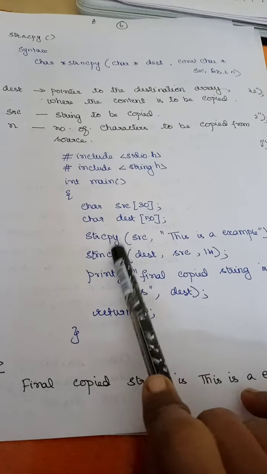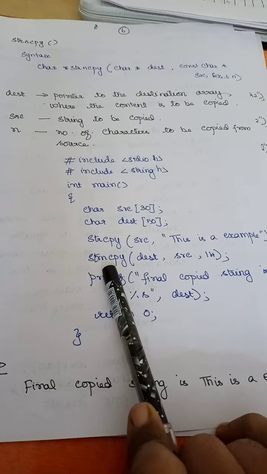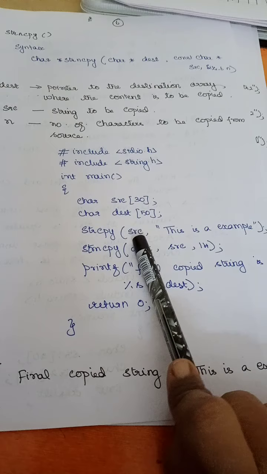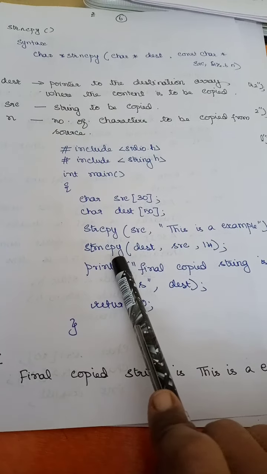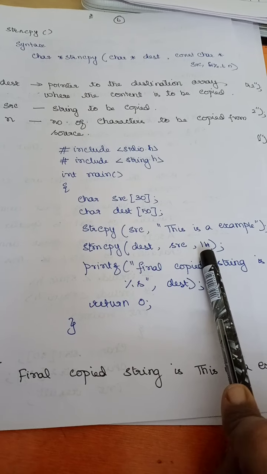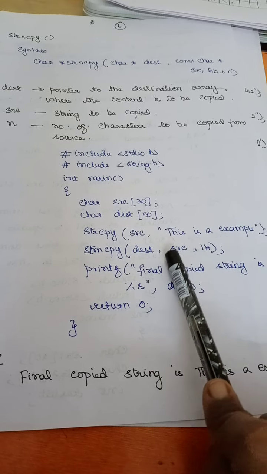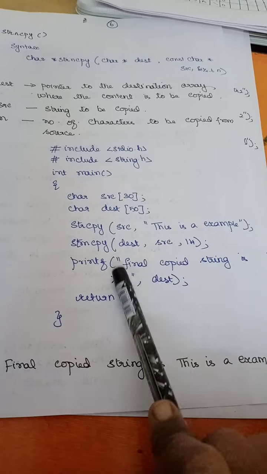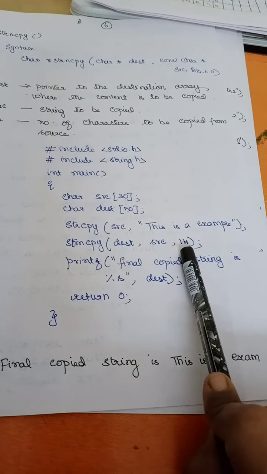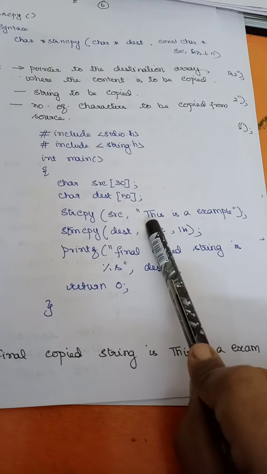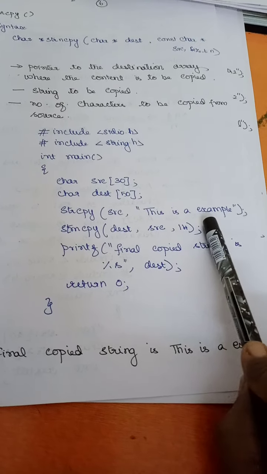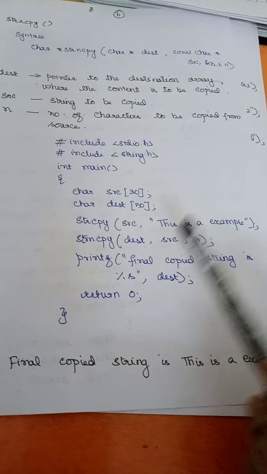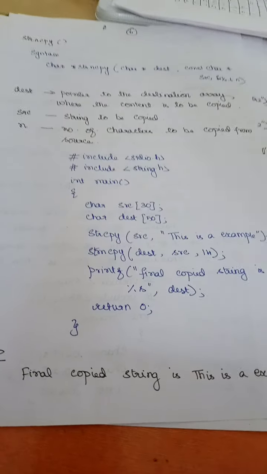This is the difference between strcpy and strncpy: strcpy copies the entire string to the destination, while strncpy copies only the number of characters you have specified from the source to the destination. Now I am printing using a printf statement. Here I have specified 14 characters, so the 14 characters are 'this is a exam'. PLE will not be copied to your destination.